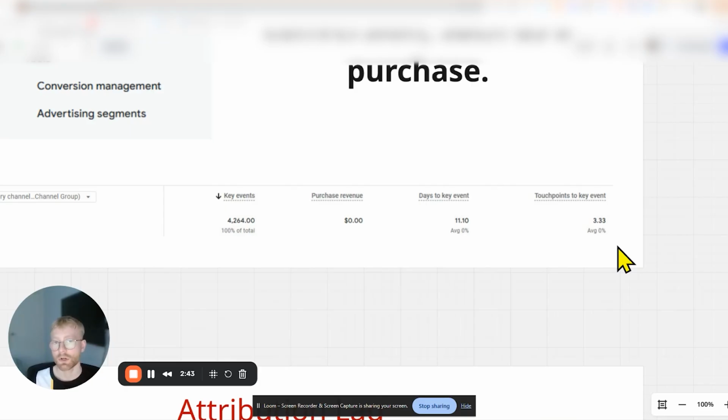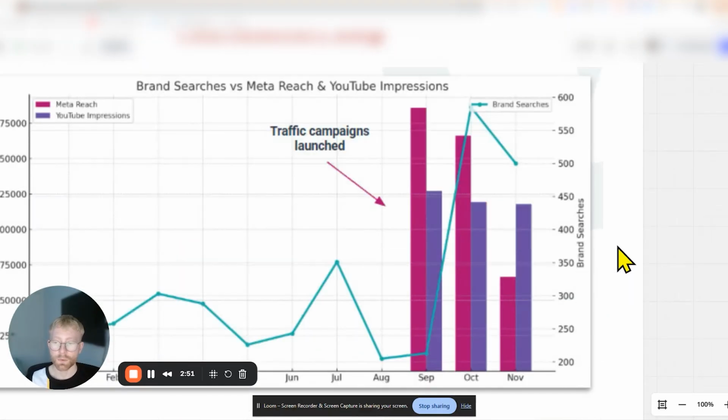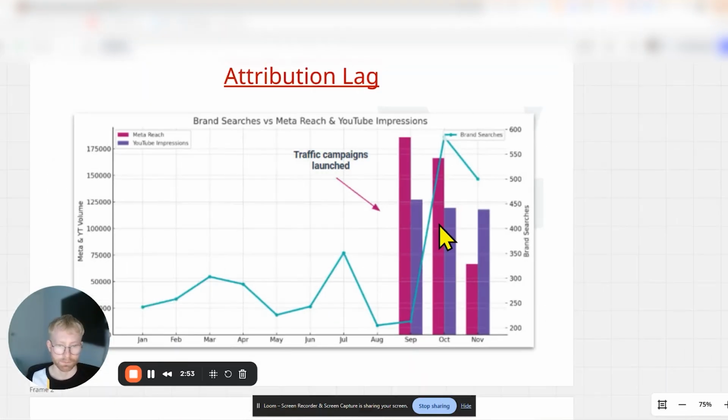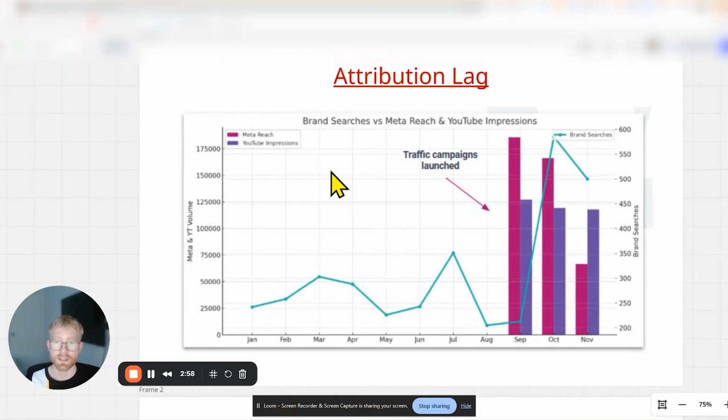I'm going to show you now what this looks like in real time. So this is what it looks like, right? And I'll take you through what we're looking at here. Basically, this is looking at brand searches versus Meta reach and YouTube impressions, right?